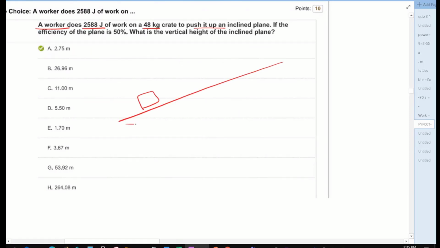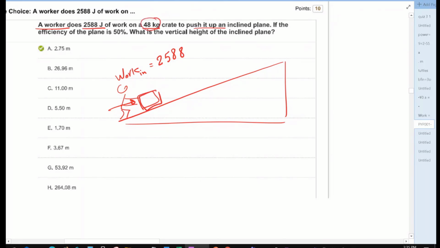So there is a crate and a worker who tries to push it up, so he applies work, the work of the worker, which is the input work, by the way, 2,588 joules. The mass of this object is 48 kilogram.